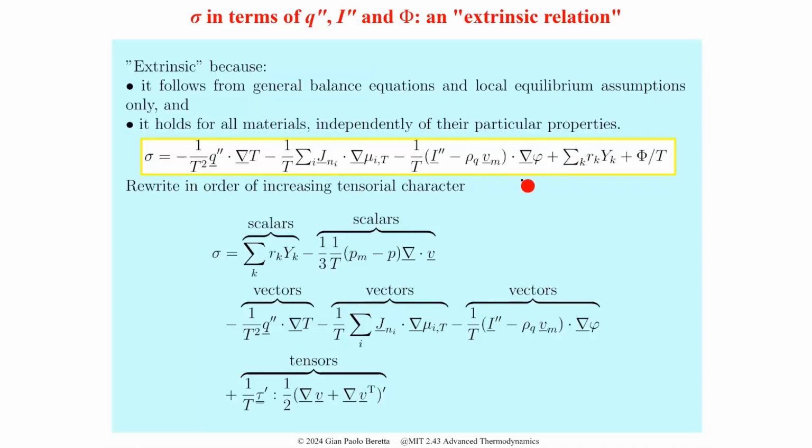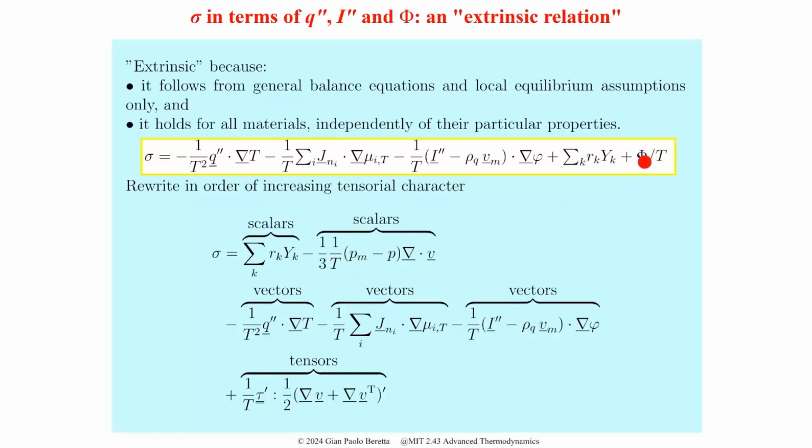Now, the next step to introduce the next notion is to group these terms in order of increasing tensorial character. Some of these are scalars, like chemistry, and also inside the dissipation function there is a scalar term, which is the one that we described before.